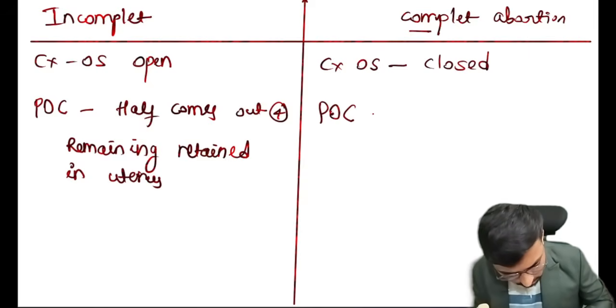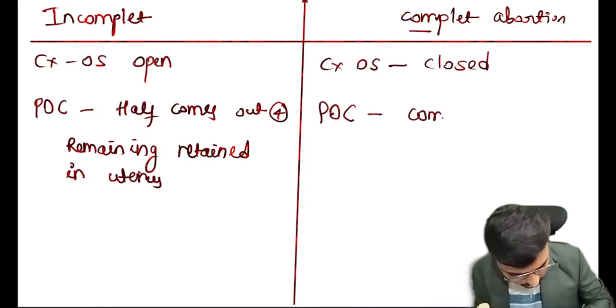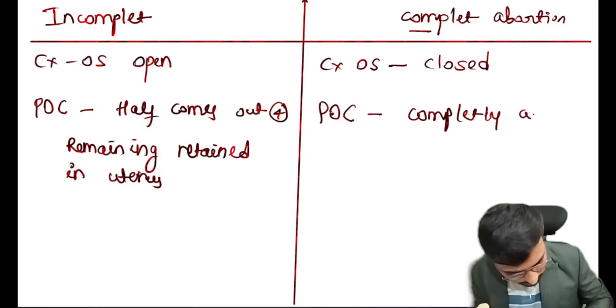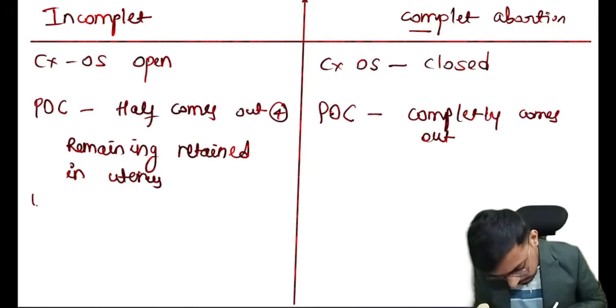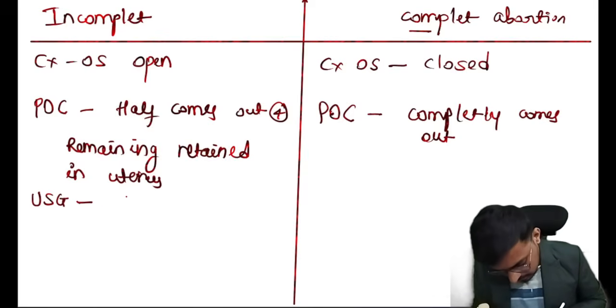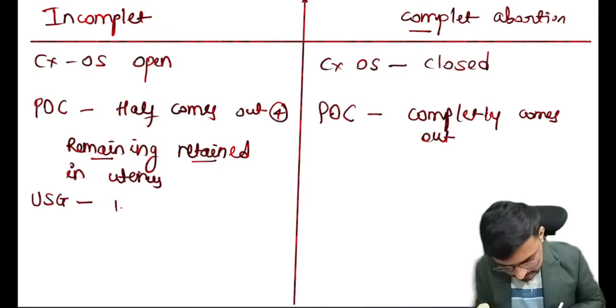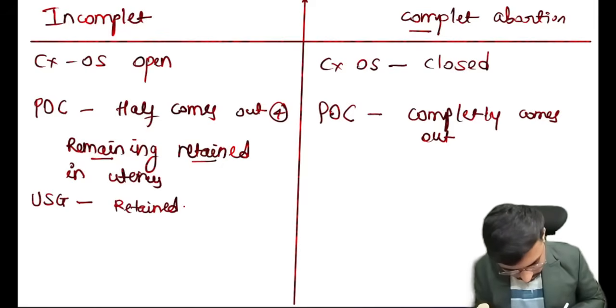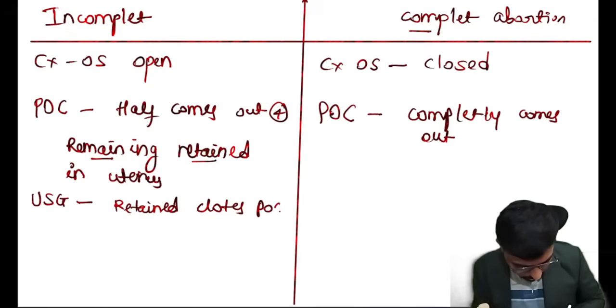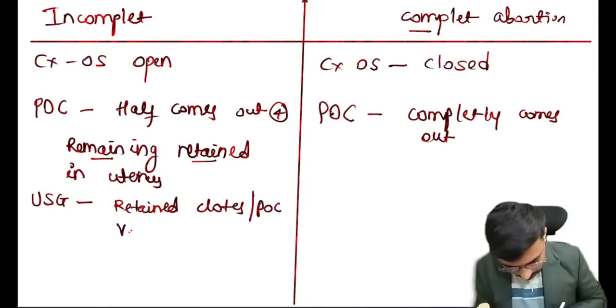Because the products of conception completely come out. Okay, so whenever we do the ultrasonography, that time in the uterus the half, meaning this particular retained part, will be visible. Retained clots we can say, or products of conception we can say, visible.